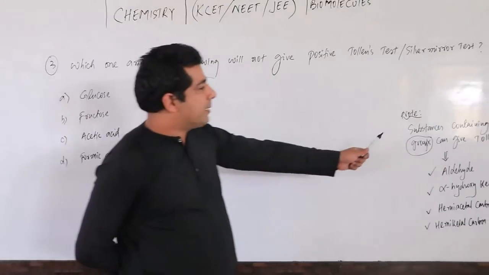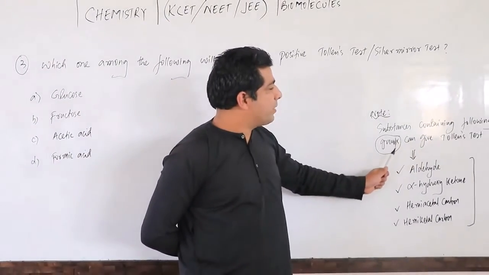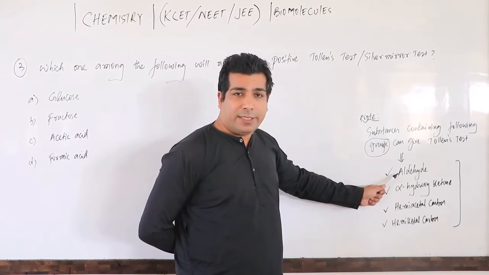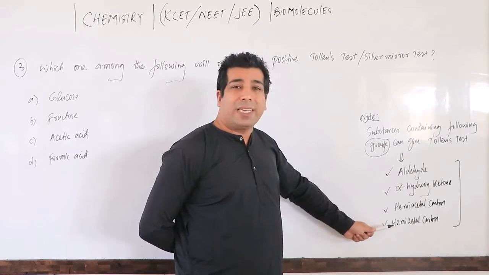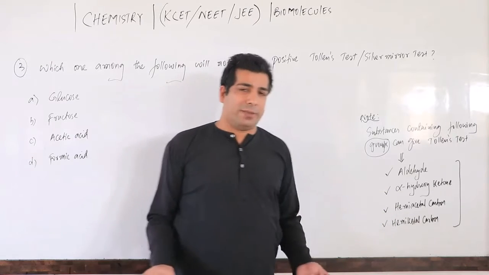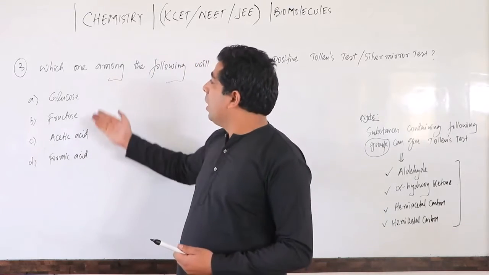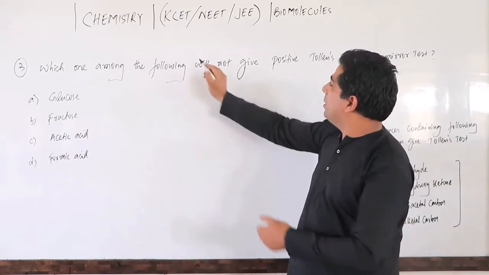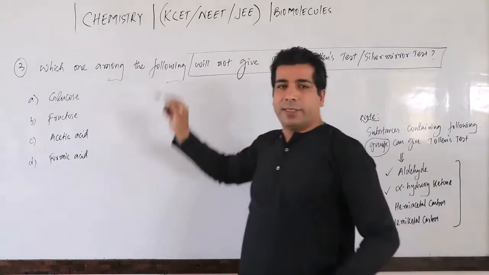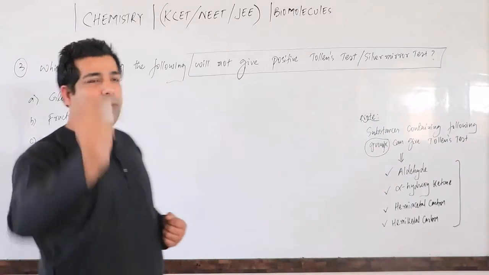Look here, substance containing following groups can give Tollens test. That means any substance which contains any of these groups can give Tollens test. Correct? But have a look here. I have to find out that substance which will not give Tollens test or silver mirror test. So let's find out. Have a look.